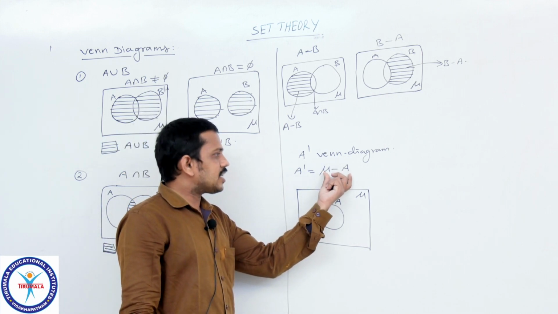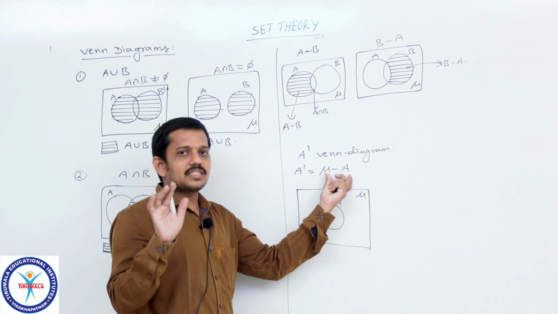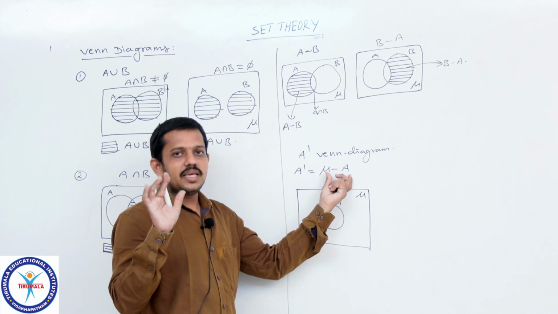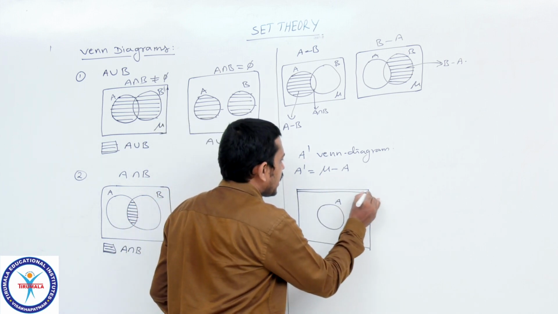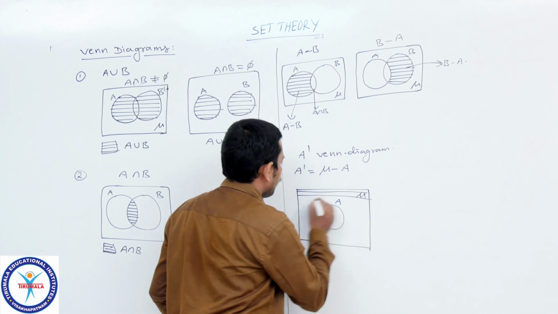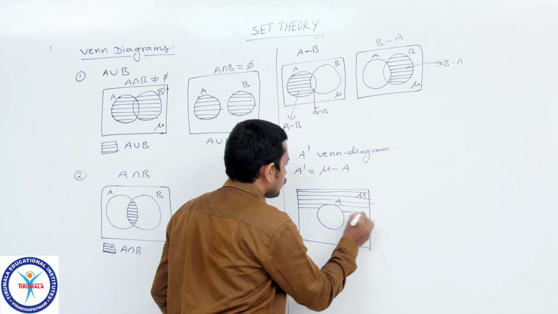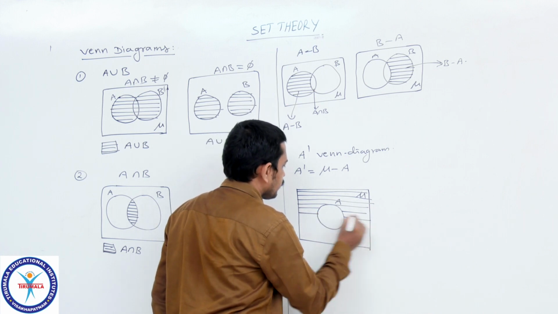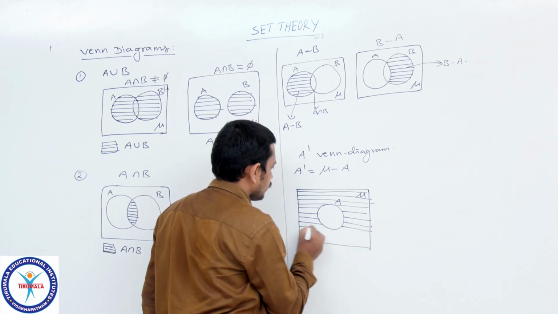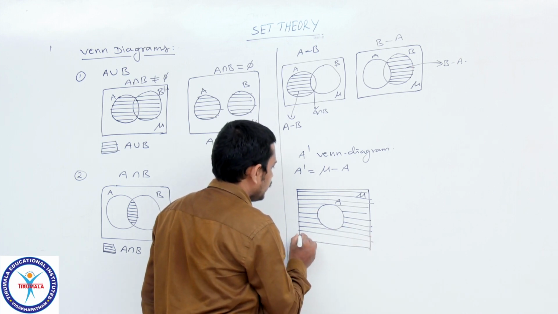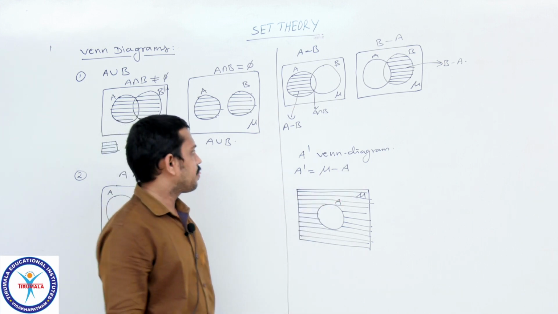Now, we require to consider only the region which belongs to only the universal set, but does not belong to the region A. So, we exclude the region A and shade the remaining region. So, this represents A complement, μ minus A.